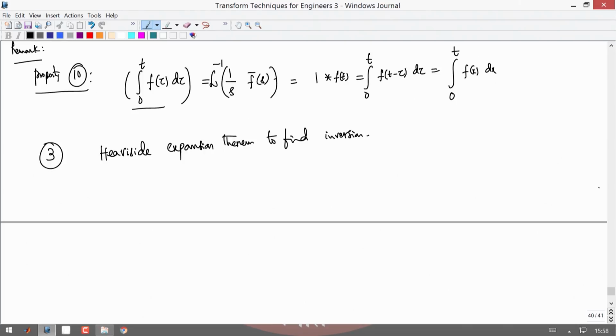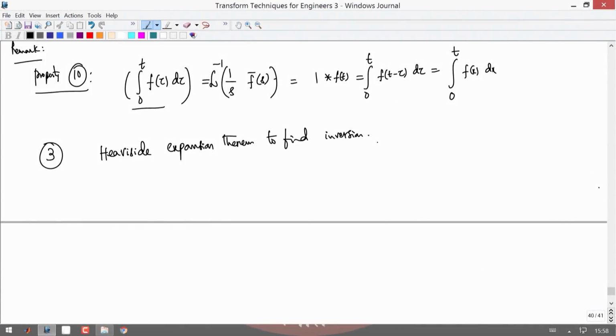Before we go for the general way of finding inversion, that is basically directly using the inverse Laplace transform, we can also use this theorem, this Heaviside expansion theorem.